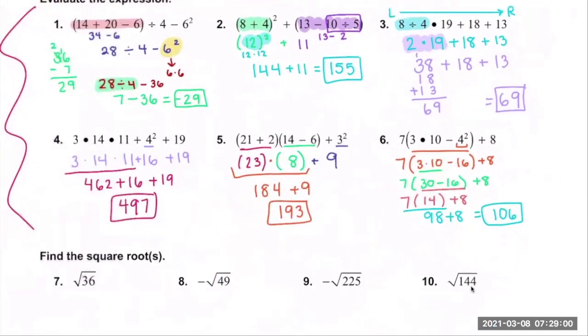So if you're just joining me back, you can see that I have 497 for number 4, 193 for number 5, and 106 for number 6.